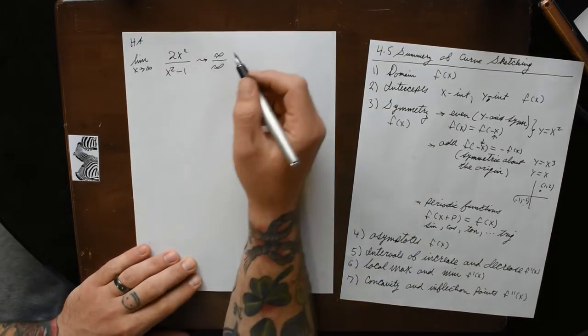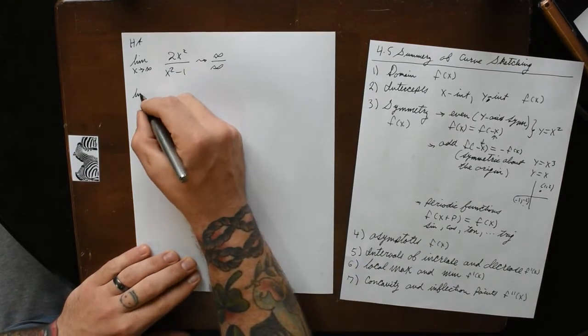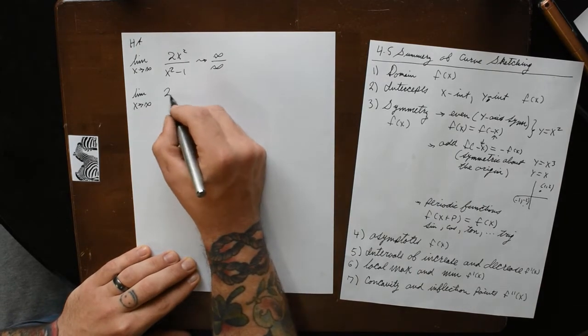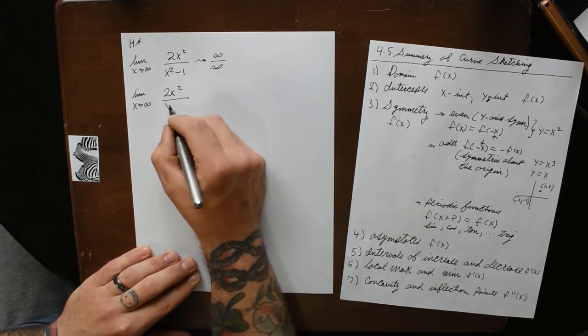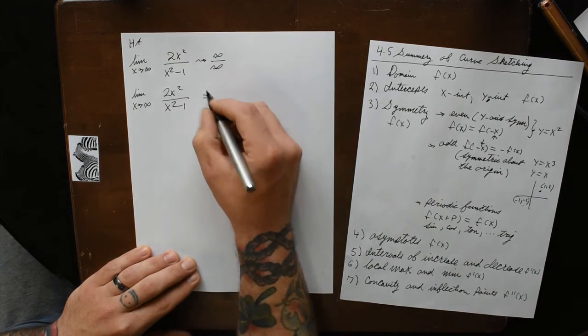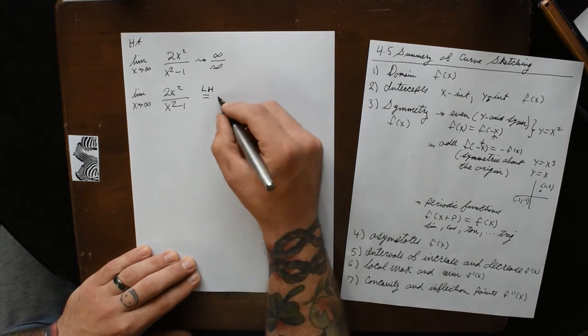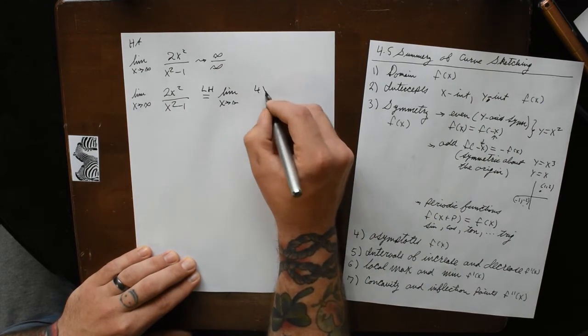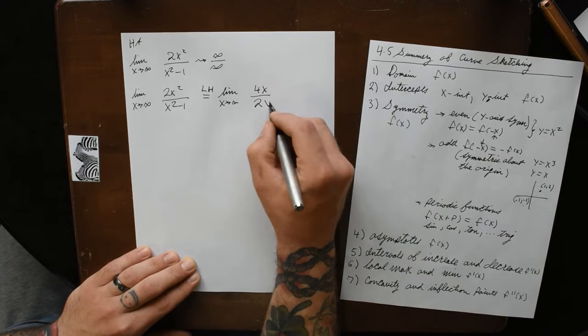So, we can use L'Hopital's rule. We know that the limit, as x goes off to positive infinity, of 2x squared over x squared minus 1 is equal, by L'Hopital's rule, to the limit, as x goes off to infinity, of 4x divided by 2x.